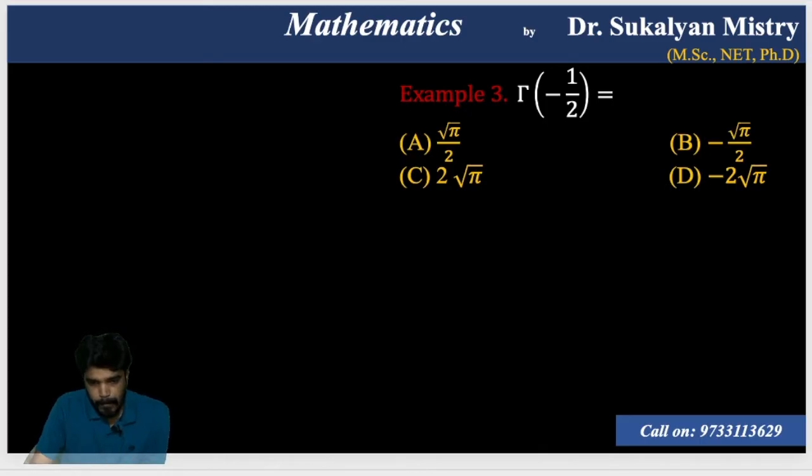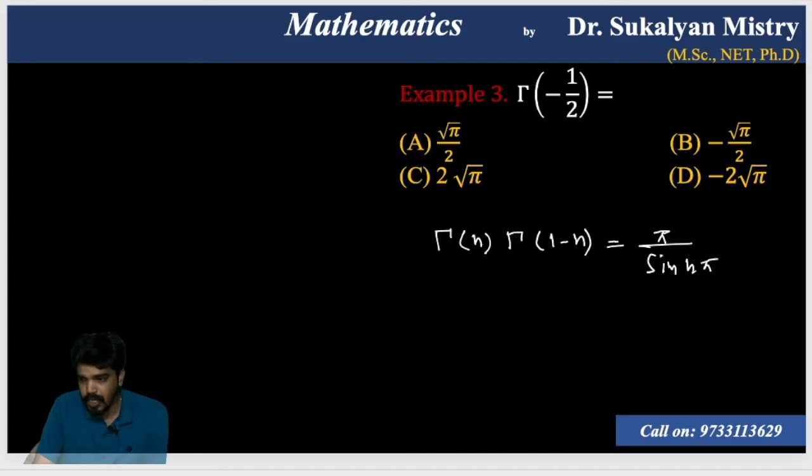gamma n into gamma 1 minus n is pi by sin n pi. Okay. So, we have to put n is equal to minus half.